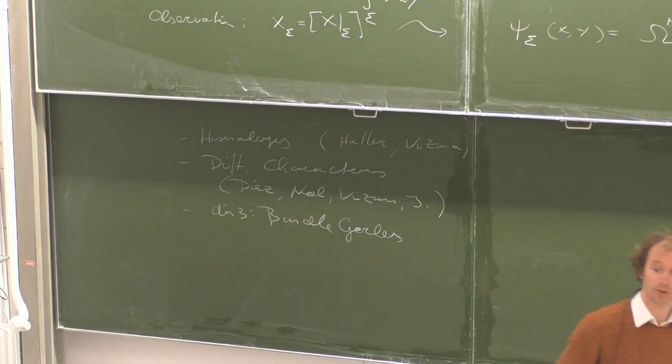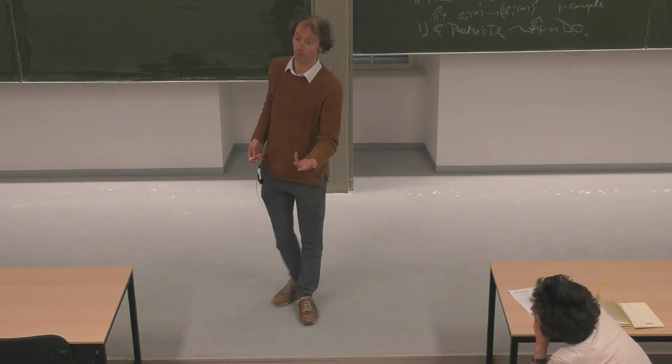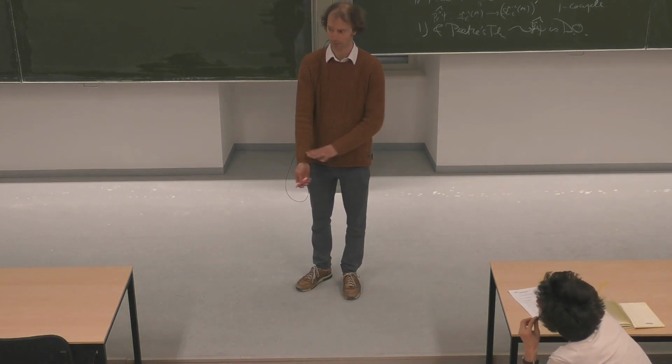So you choose a bundle gerbe with connection whose curvature is your volume form. Because if you're in 3 dimensions, then your volume form is a 3-form, and integral 3-forms are curvatures of some bundle gerbe.